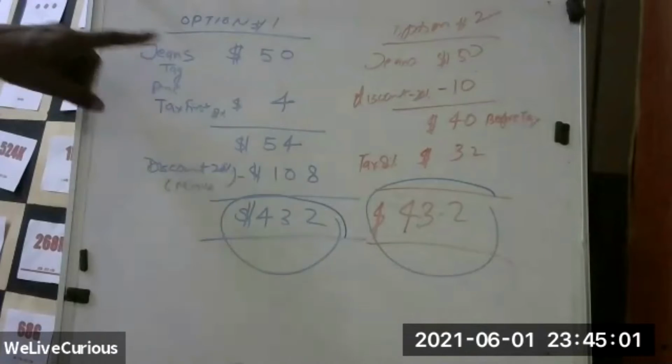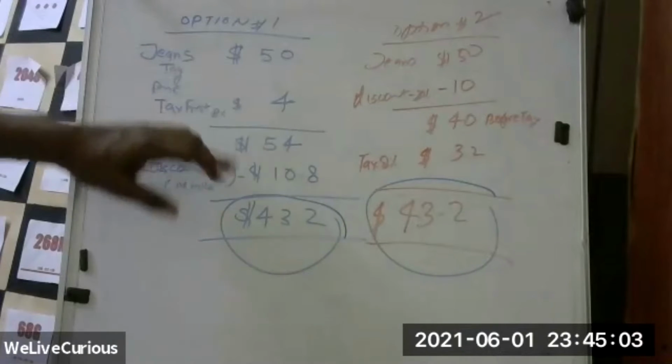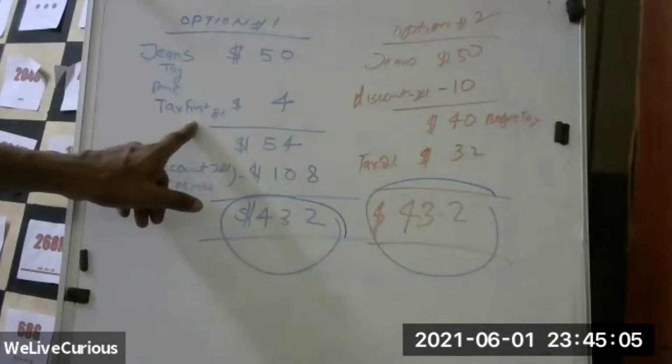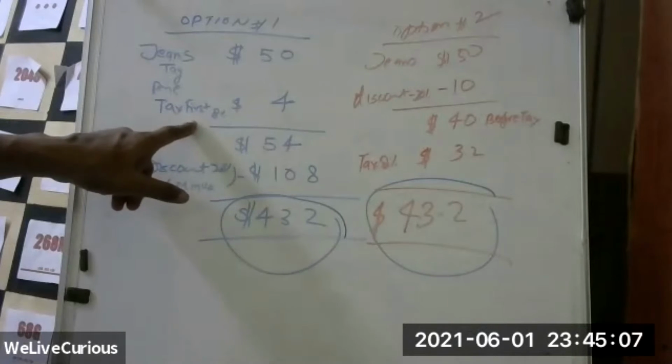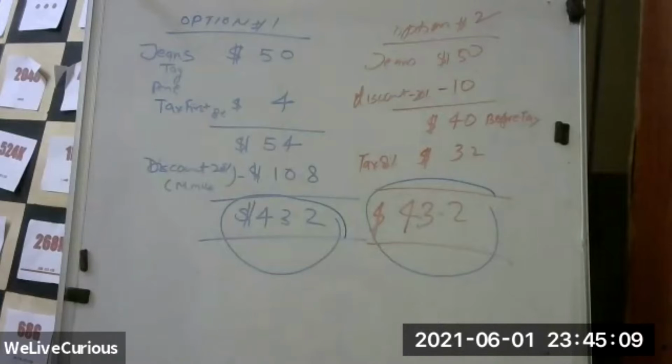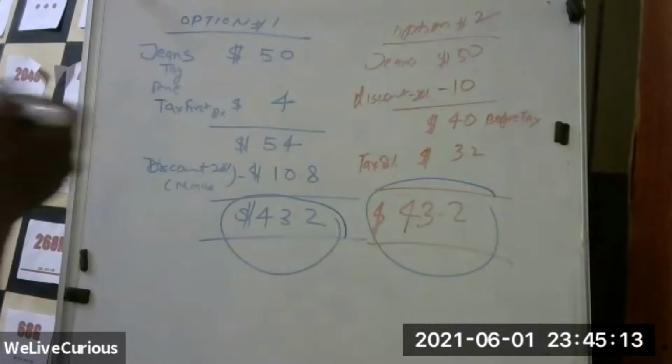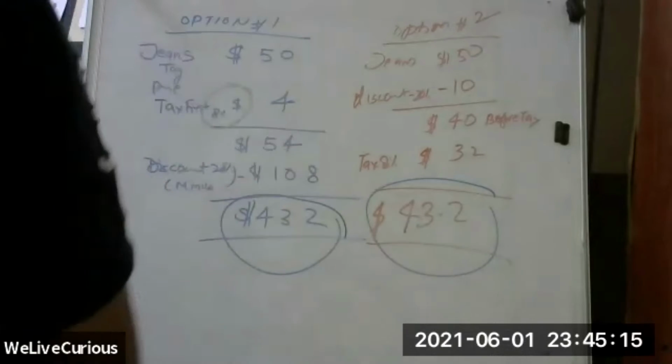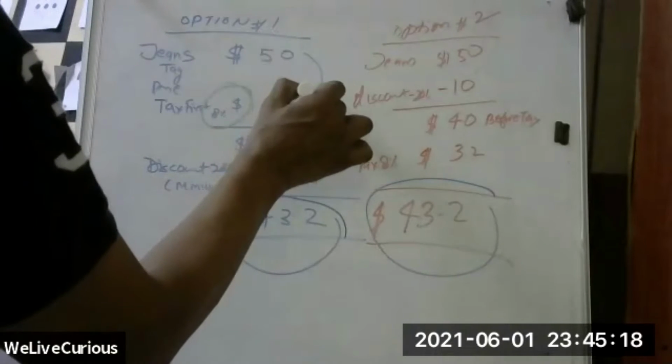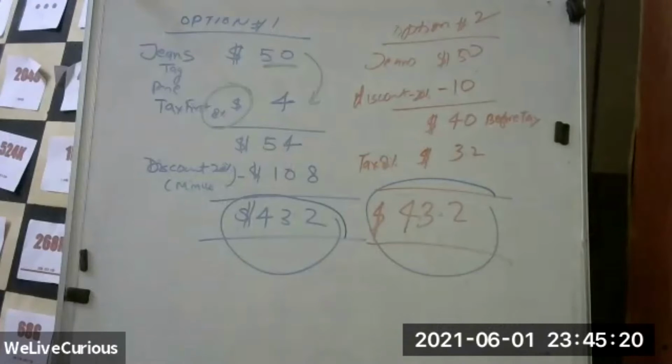The pair of jeans costs $50. Now, if I apply the tax first, the tax of 8%, I say, okay, I will pay you the tax first. So 8% is the tax. I pay 8% on $50. So 8% of $50 is how much? You know how to calculate 8%? We will take a class where we'll teach the kids calculator tricks to calculate percentages.